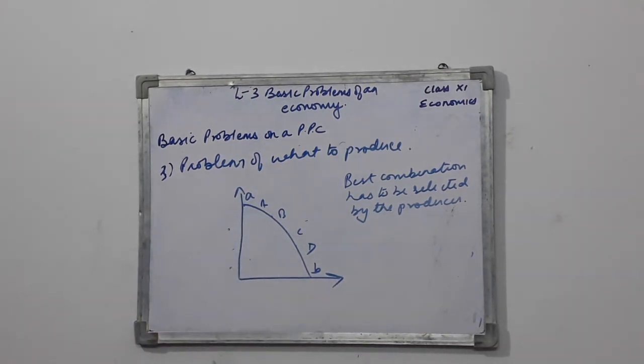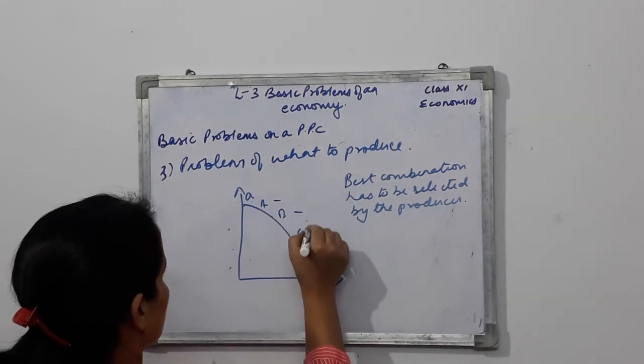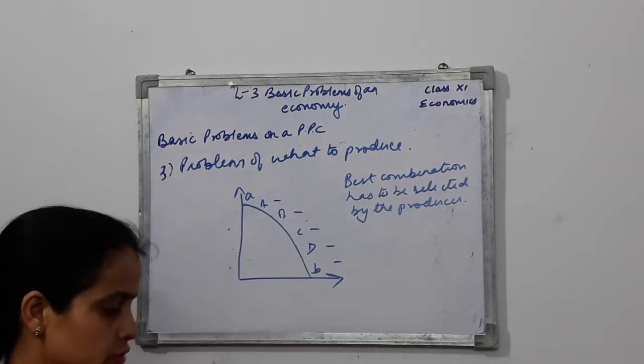Now the problem of what quantity of the two goods to be produced is represented by any particular point on the production possibility curve. Different points on a PPC represent different combinations.